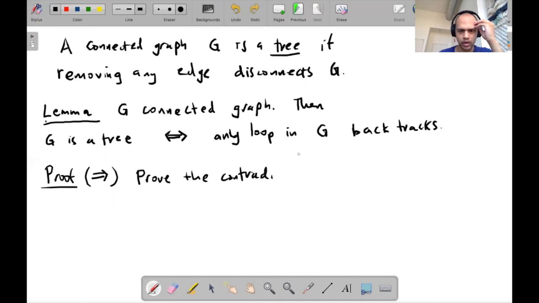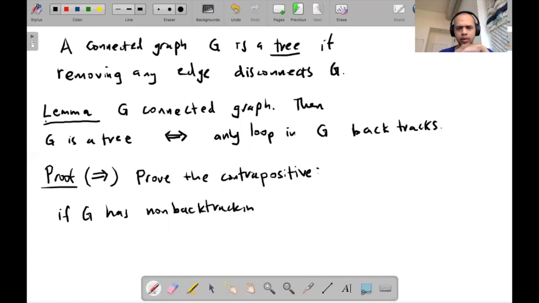Not a contradiction, contrapositive. Which is to say that if G has a non-backtracking loop, then this implies that G is not a tree.